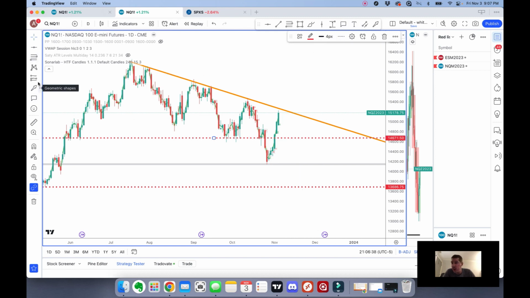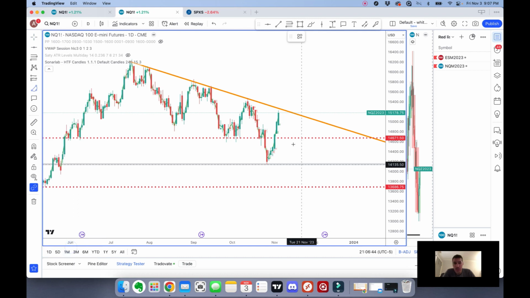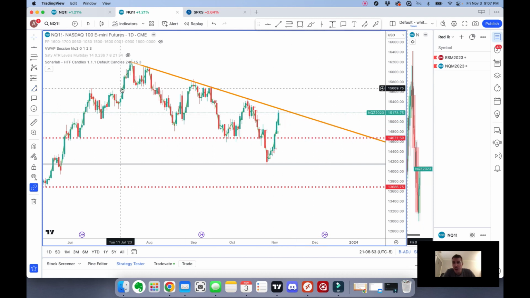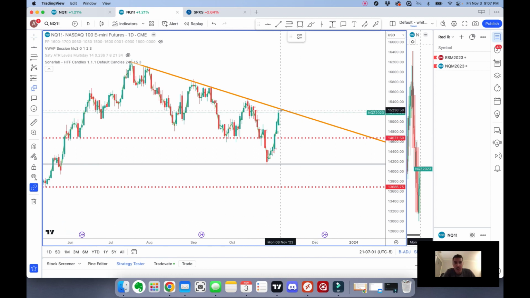We could play into this area right here. Oh, that's a curve, but what I want to show you is, what am I trying to do? Circle, ellipse, polygon. This could be at least until December.